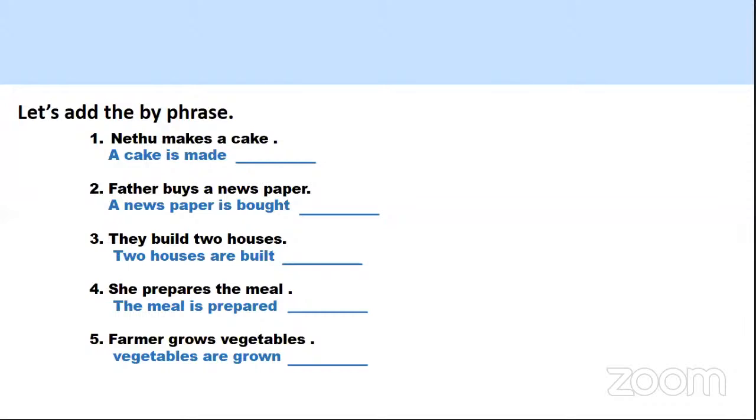What is it? By Netu. Move on to the second one. A newspaper is bought. What is the subject of the active sentence? Father. Now you are going to add it to the passive sentence as a by phrase. By father.